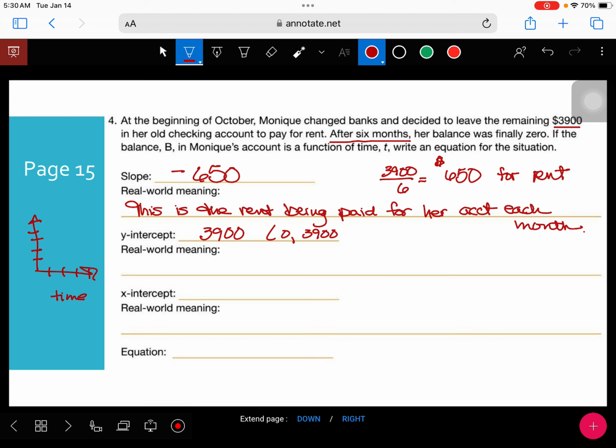Real world meaning, this is the amount of money in the account before paying her rent each month.